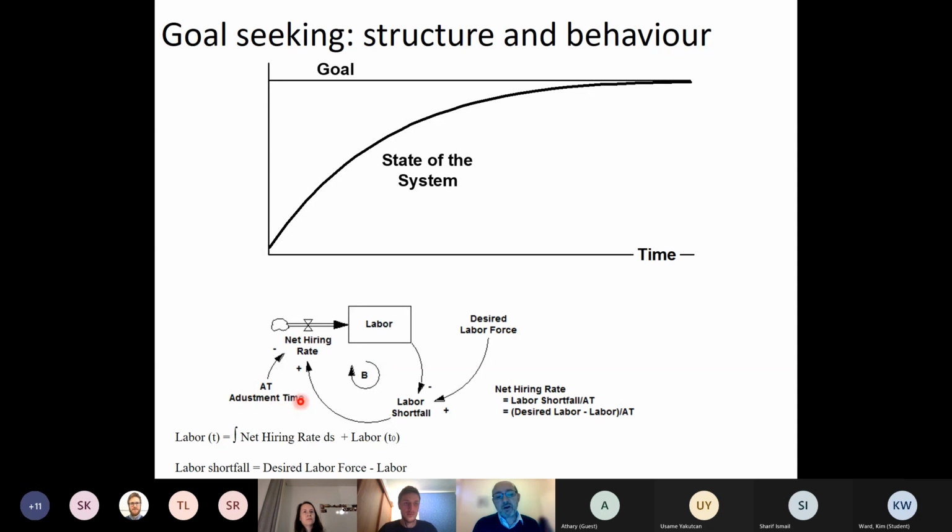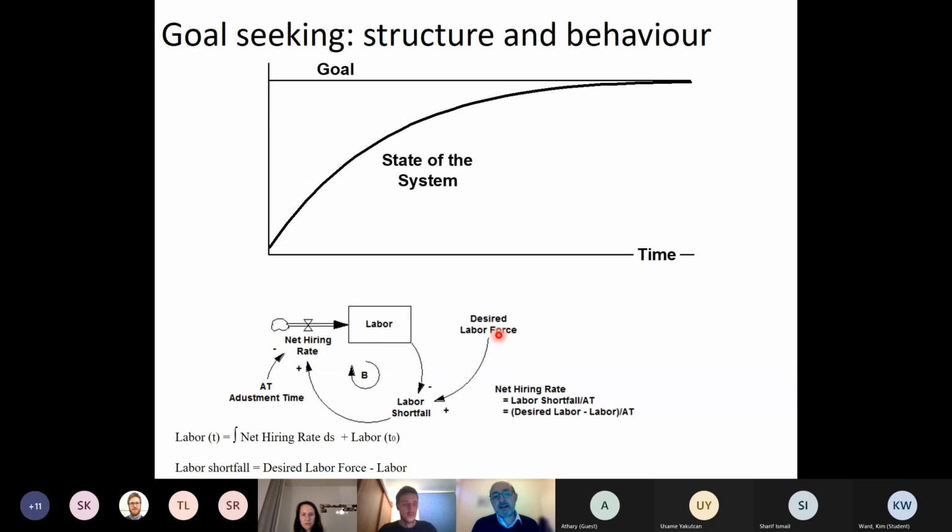Adjustment time shows the time it takes for processes to be done. So in this case, even if you need more personnel, it will take perhaps 1 month, 2 months to hire this personnel and change the state of the system, right? Increase the number of people, but then the following month you compare again.